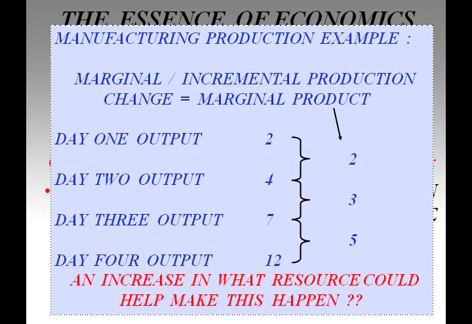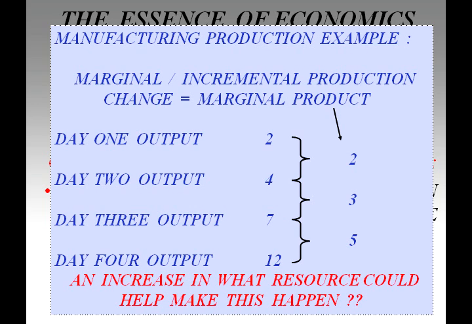Because remember, as we mentioned a moment ago with the definition of marginal product, the increase, the marginal or incremental increase, was as the result of changing one input resource to help affect the increase in production. So what potential resource could have been changed to make this happen?